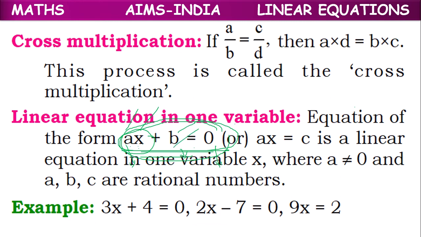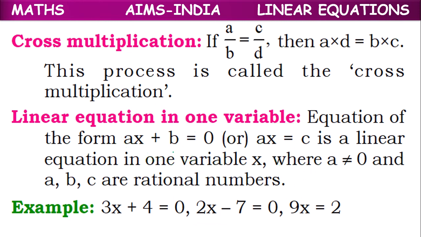For example, we have one x term, one constant term, and 0 on the right side. Or ax equal to c, with only the x term on the left hand side and a constant on the right hand side. This is also an example of a linear equation in one variable.